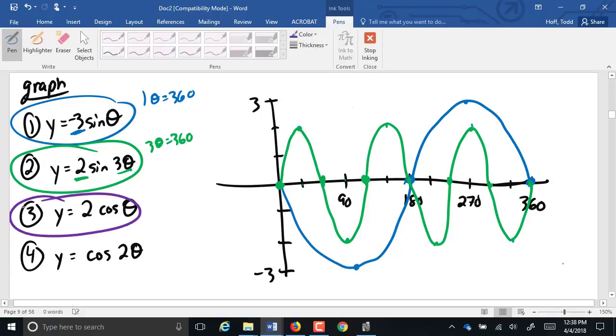Y equals 2 cosine theta. What's the phase shift? None, right? What's our wavelength? 360. So now, since there is no phase shift, we start at 0. But since this is a cosine wave, we start on a peak. So our amplitude is 2.